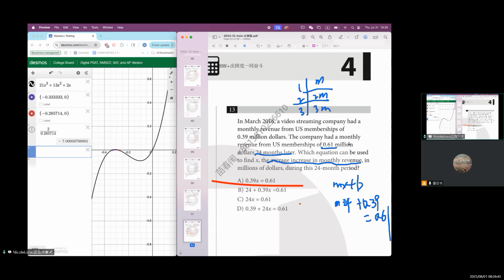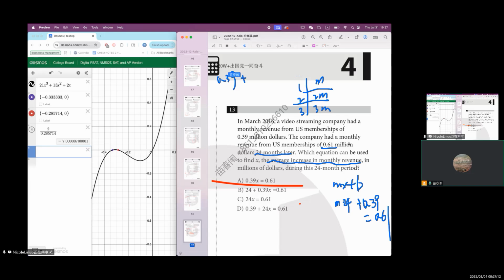Okay. After 1 month, you add m. After another month, you add another, which is 2m. You can think about it as an example because 24 is a pattern thing. In the beginning, my revenue is 0.39, and the increase every month is the same amount.